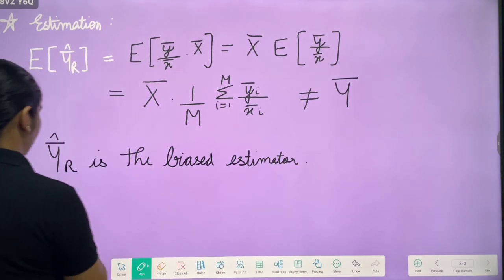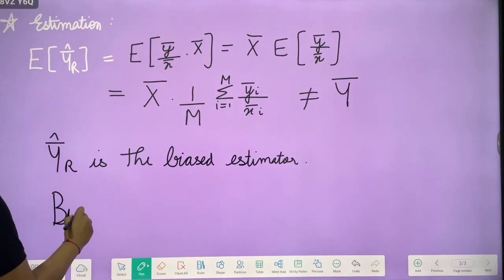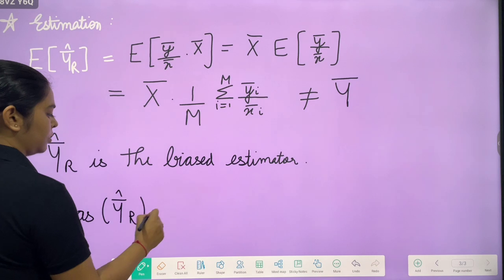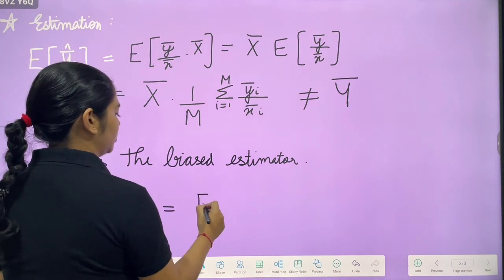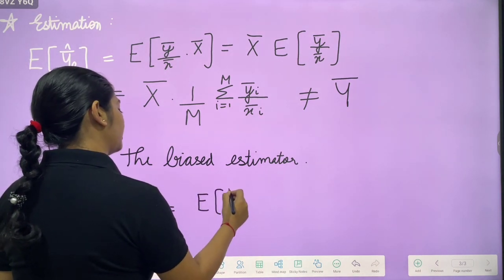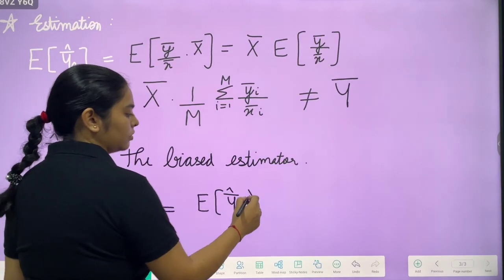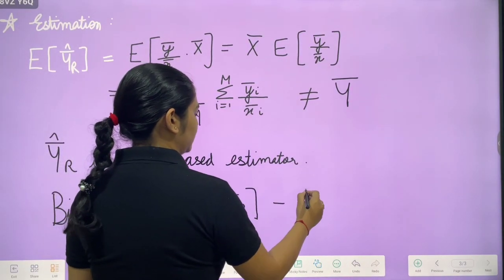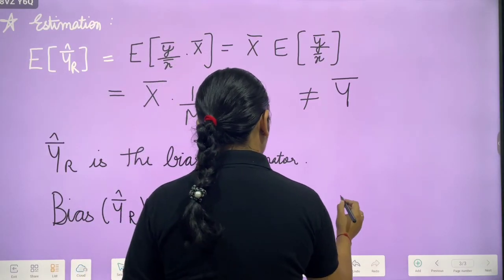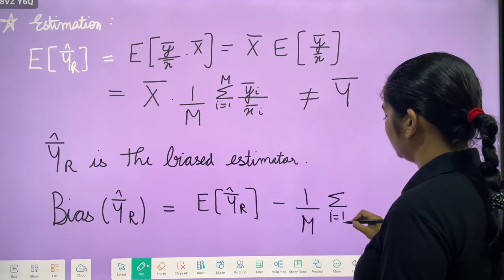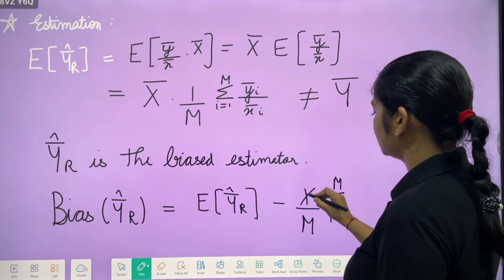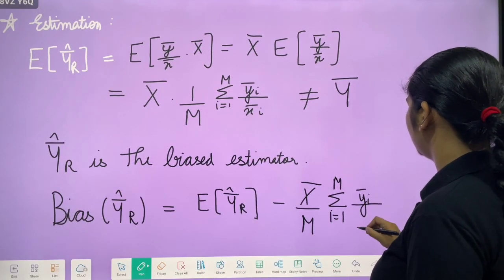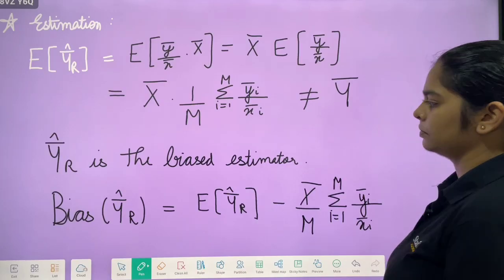Hence the bias of the ratio estimator can be written as the estimation of y bar R minus 1 upon M summation i goes from 1 to M of X bar into y bar i upon x bar i.